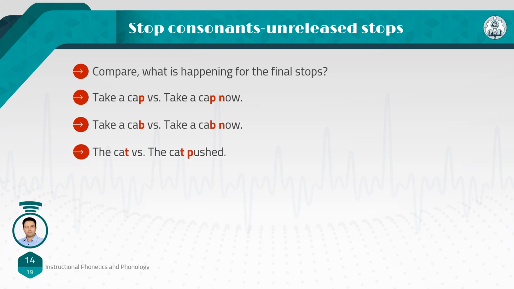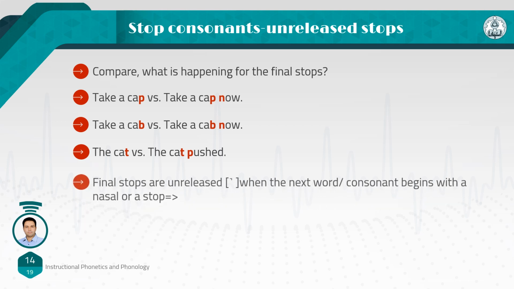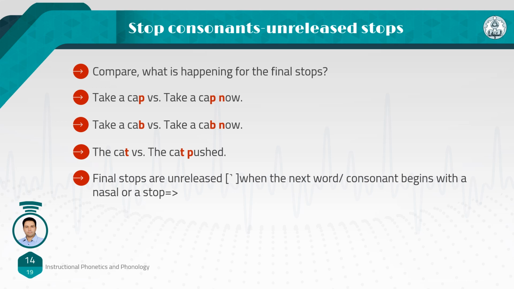Take a cat versus the cat pushed. Final stops are unreleased when the next word or consonant begins with a nasal or a stop. Therefore, we can say that final stops plus a nasal or plus a stop after it leads to an unreleased stop.